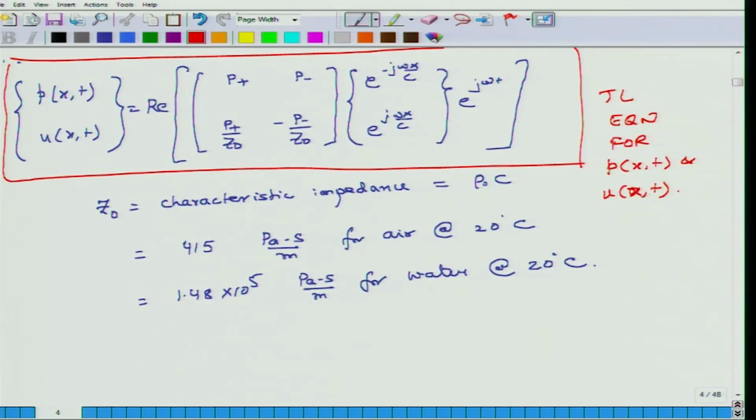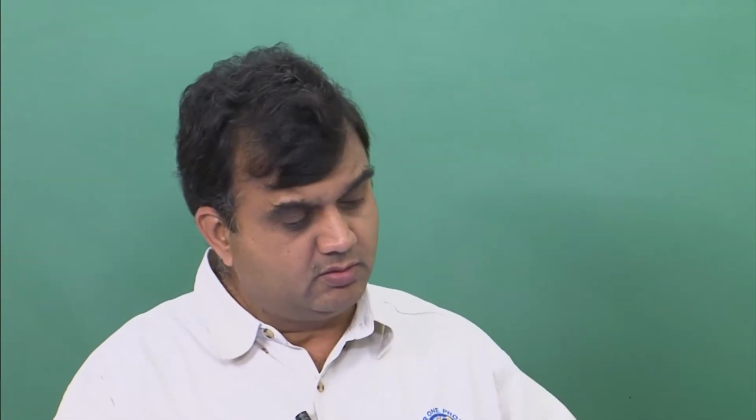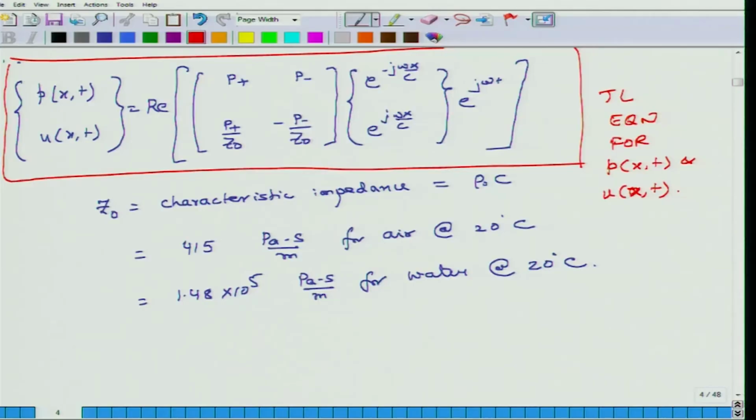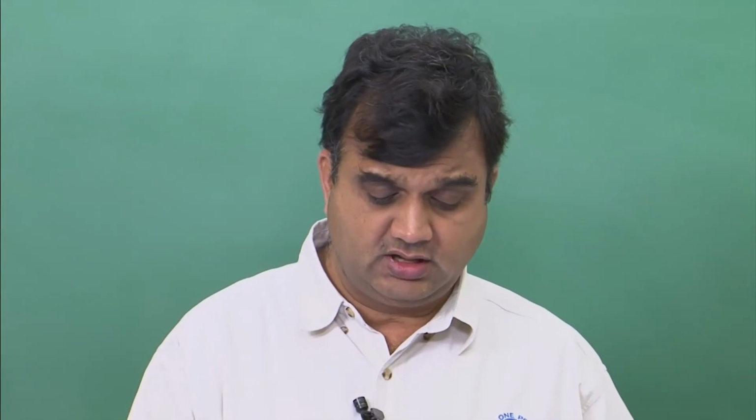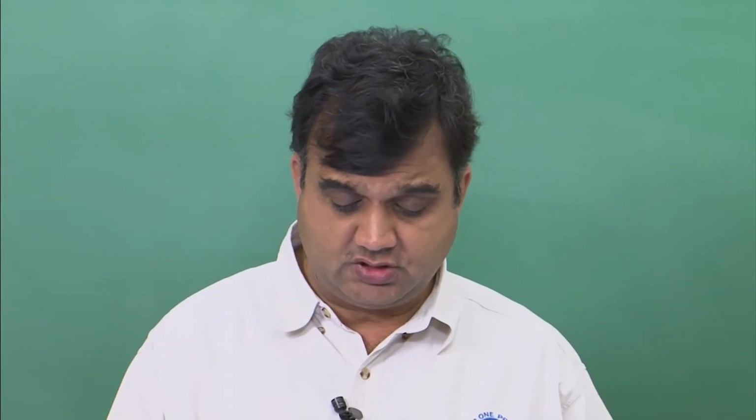So I think this is what we planned to cover in this module, and next we will look at several applications of these transmission line equations and learn a little more about them, and slowly we will develop this concept of impedance. This is the first time you are hearing the term impedance in the context of this course, and this particular impedance, which is rho naught C, is known as characteristic impedance.